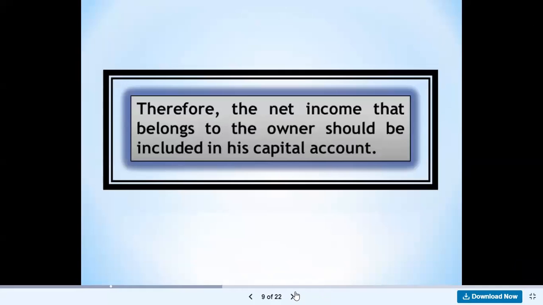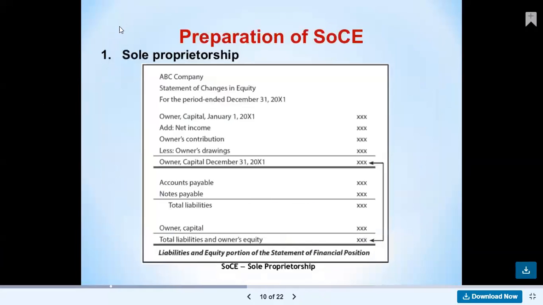Therefore, the net income that belongs to the owner should be included in his capital account. So in sole proprietorship, we have this statement of changes in equity format.